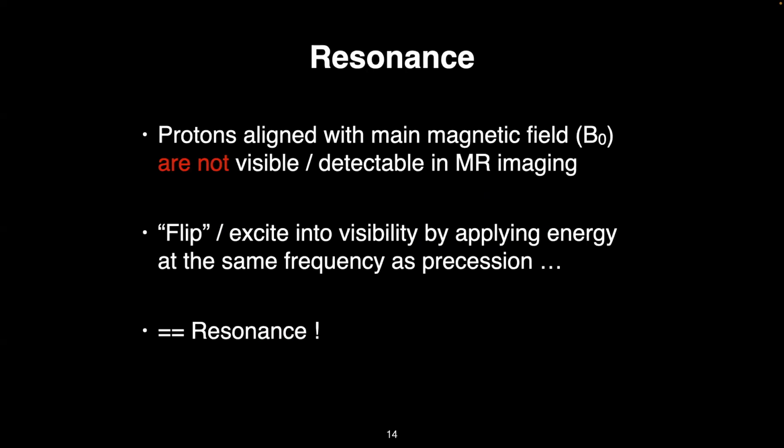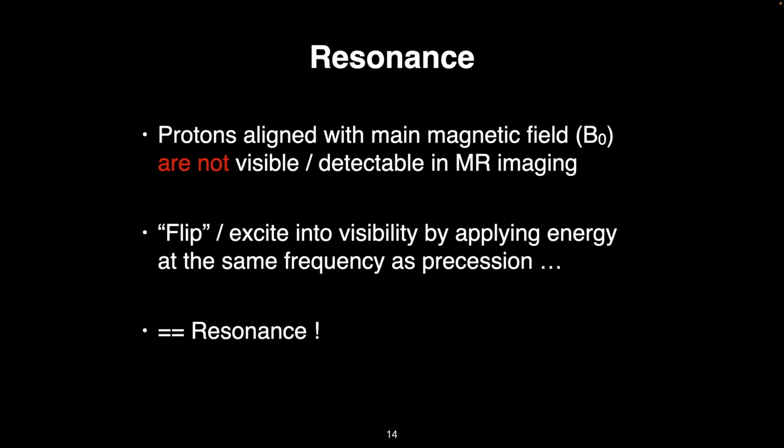Now, in this state, where they're aligned and precessing parallel to that main field, we actually cannot detect these. Where the resultant magnetization of your sample, your patient, remains aligned with the main field, we can't detect that as it is laying there.